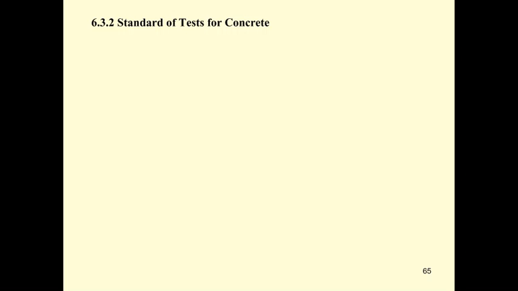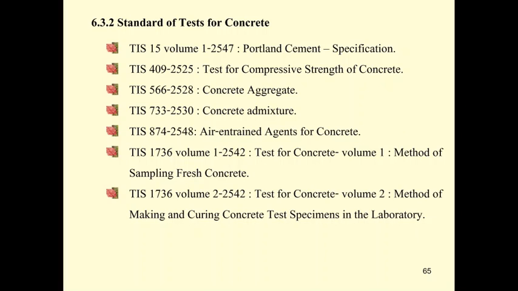There are a lot of standard tests for concrete. In Thailand, we follow the Thai Industrial Standard. The first two are for the Portland cement, and this is important, because that's for the compressive strength of the concrete. So you have to follow the first two.